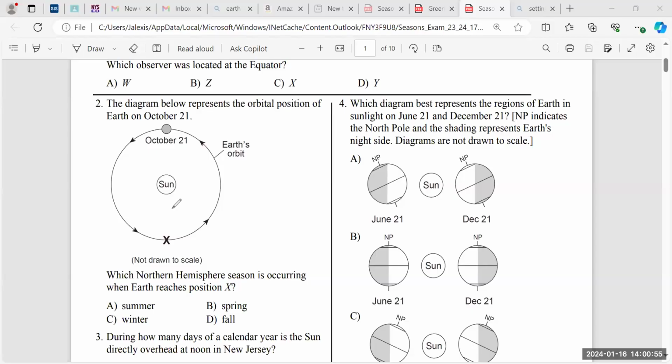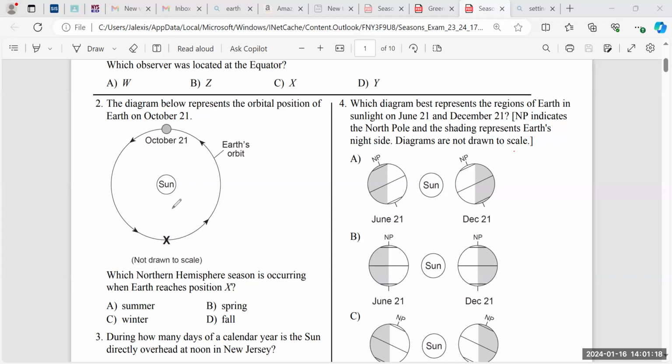All right, number 4. Number 4 says, which diagram best represents the regions of Earth in sunlight on June 21st and December 21st? NP indicates the North Pole and the shading represents Earth's night side. Diagrams are not drawn to scale. All right.